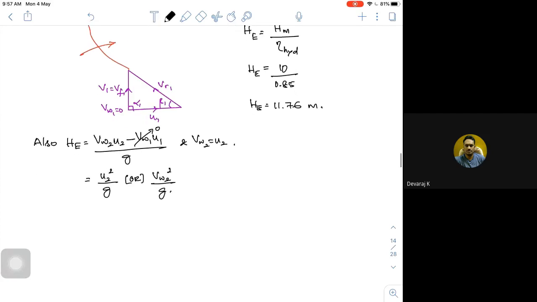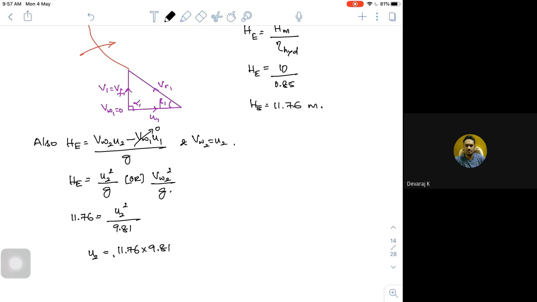Now already I know what is the value of HE. So HE is equal to 11.76, which is equal to U2 square divided by 9.81, or U2 is equal to the square root of 11.76 into 9.81.